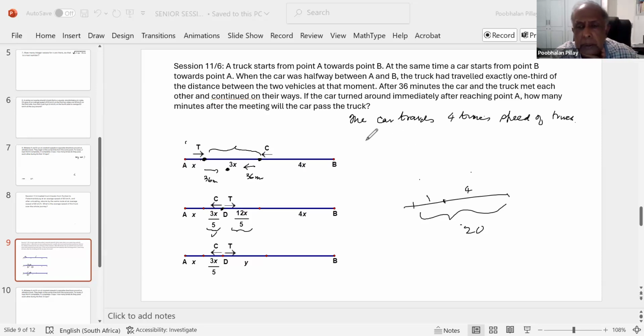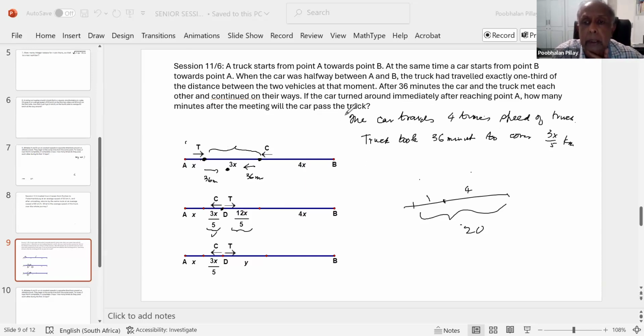So the truck took 36 minutes to cover 3x over 5. That's the distance it covered in 36 minutes. After 36 minutes, they meet, right?